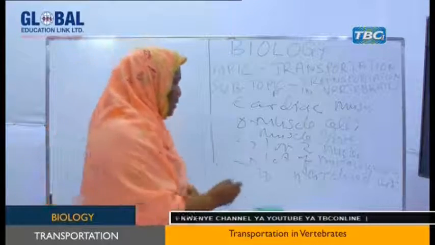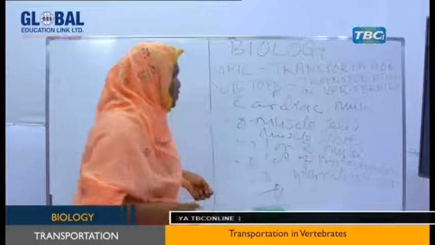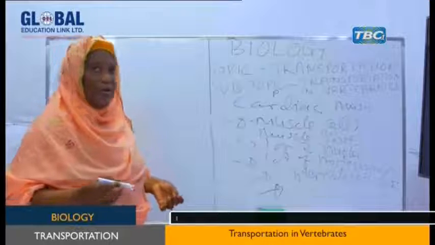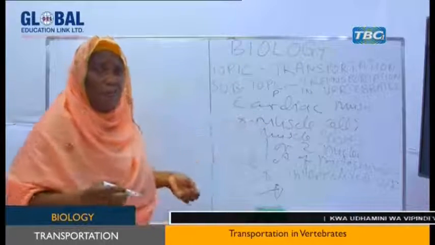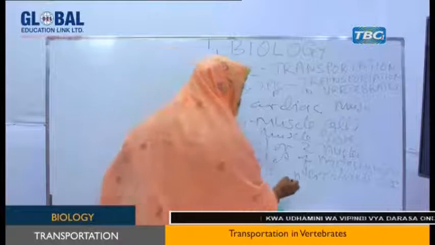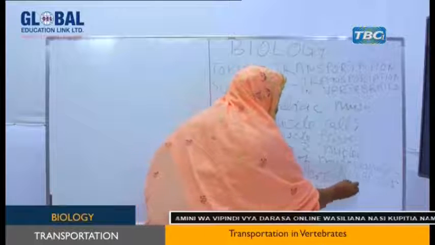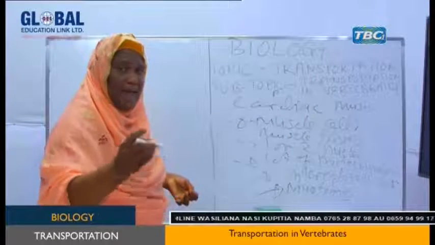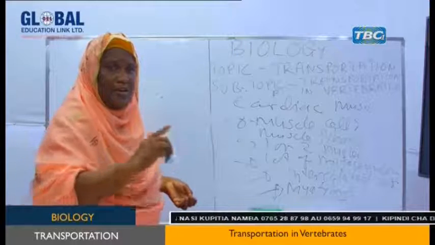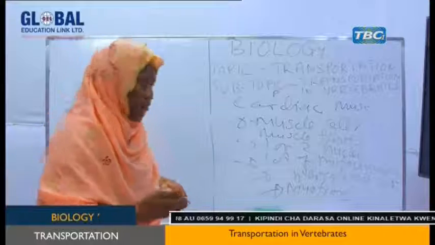Apart from the intercalated disc, each muscle fiber is composed of myofibrils, and these myofibrils cross each other, forming the so-called striations.